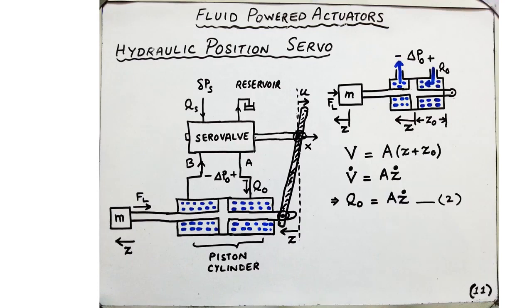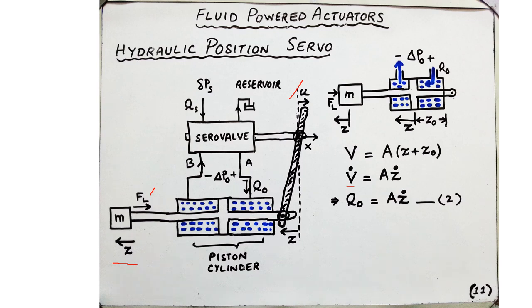Because our goal is to relate the output displacement Z with the force FL and the input displacement U, we need to eliminate this rate of change of volume term V dot. So what is the volume? Let's look at the volume of the fluid inside the cylinder.